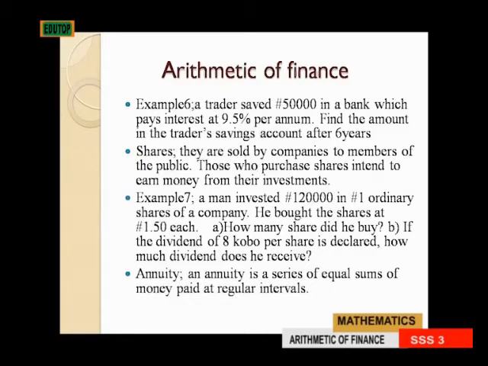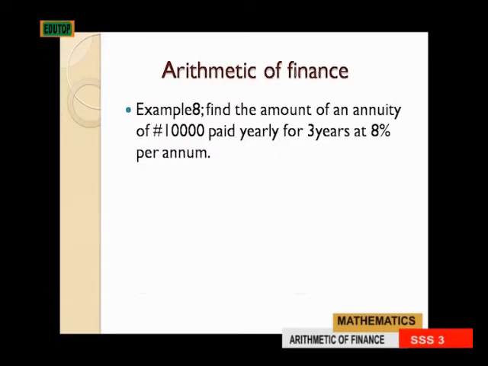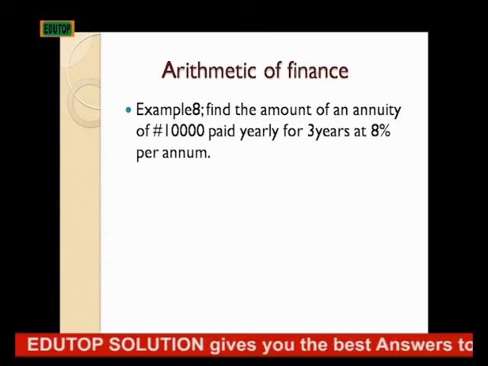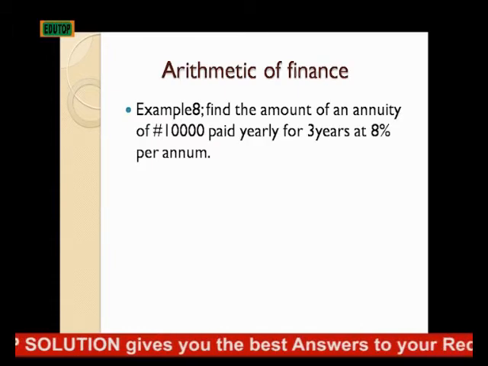Annuity. An annuity is a series of equal sums of money paid at regular intervals. Arithmetic of finance. Example 8. Find the amount of annuity of 10,000 naira paid yearly for 3 years at 8% per annum.